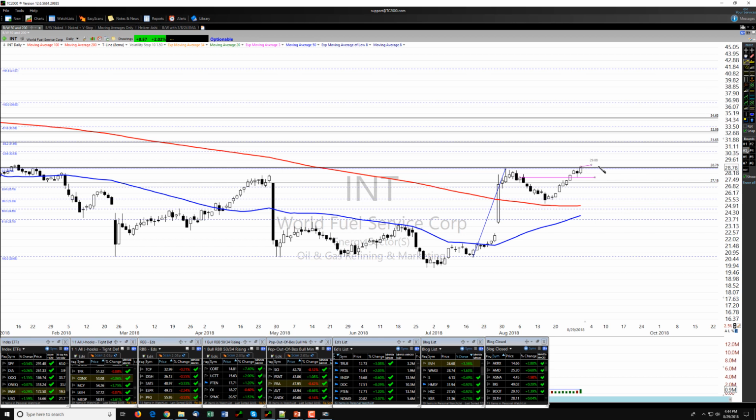Put my entry up in here. So let's call it 29 bucks and 27.75. And you can play with those, move them around to your personal taste. If you think it's a few cents this way or that way, you should go with what you think is right. So let's look at that as a trade plan.